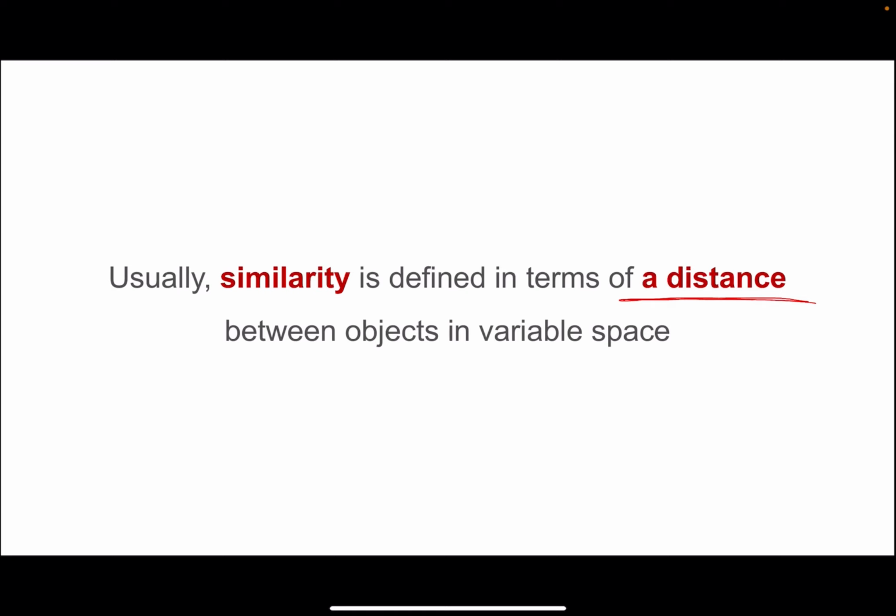And we know that, of course, we can compute distance in many different ways. But in general, as soon as we define which distance we use, we measure similarity simply as a distance. Okay. There are also methods that are based on a non-distance approach, for example, a probabilistic approach. But in this particular block, we are going to talk about only distance-based measures.